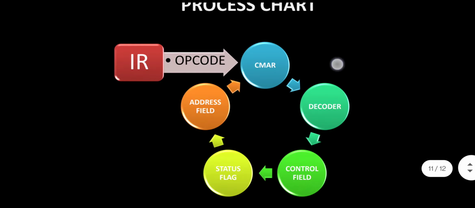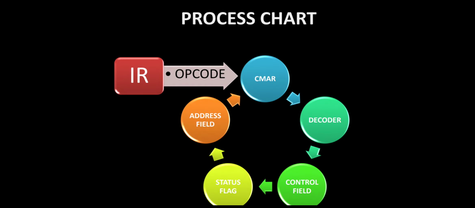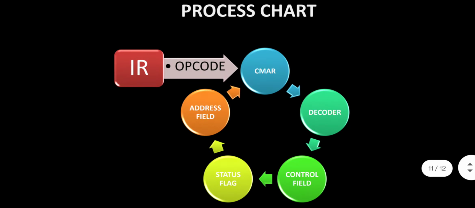Let us now understand Wilkes' design using a process chart. As we saw, the first microinstruction is fetched from the memory to the IR, that is, the instruction register. Then the address of the first microinstruction is placed into the CMAR using its own opcode.